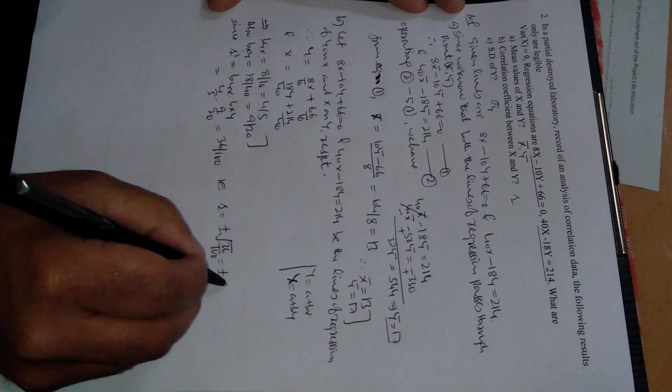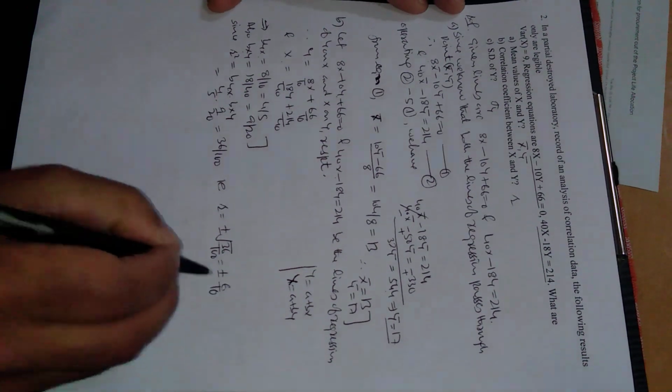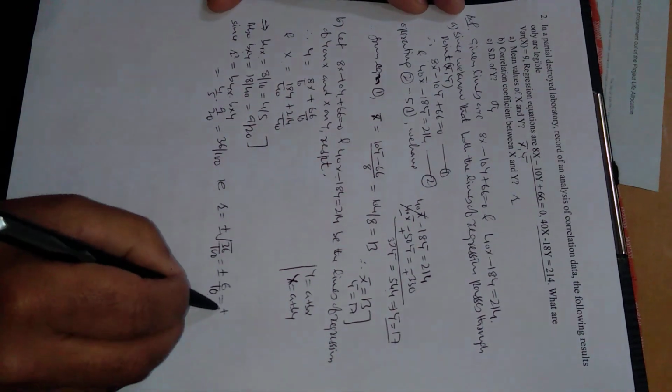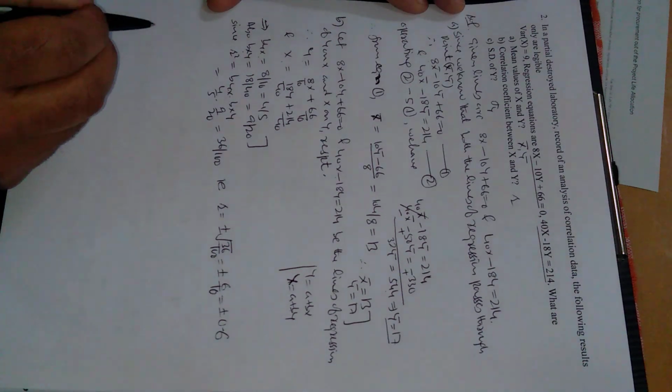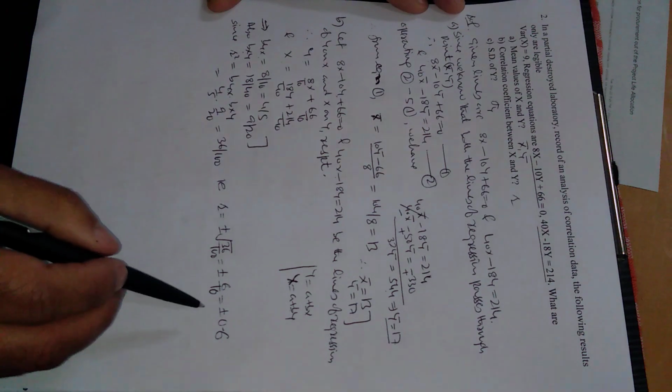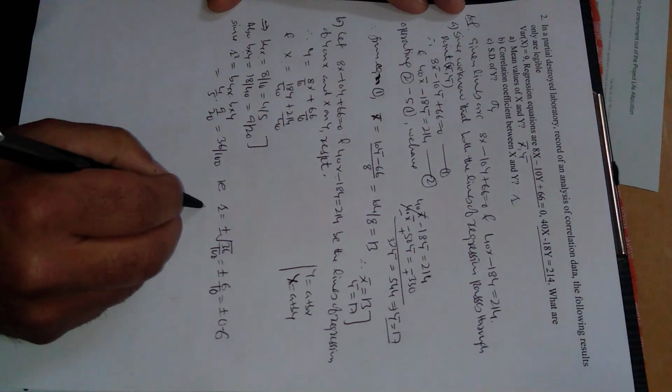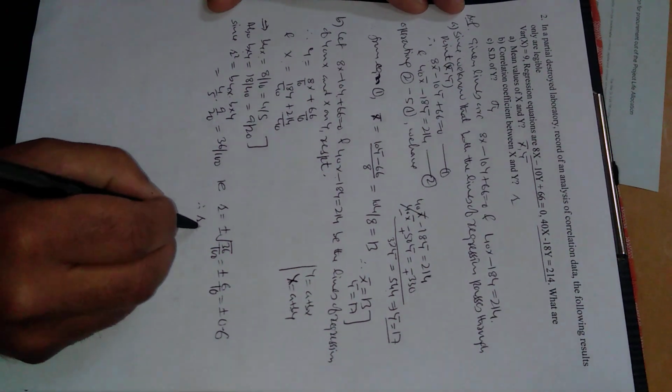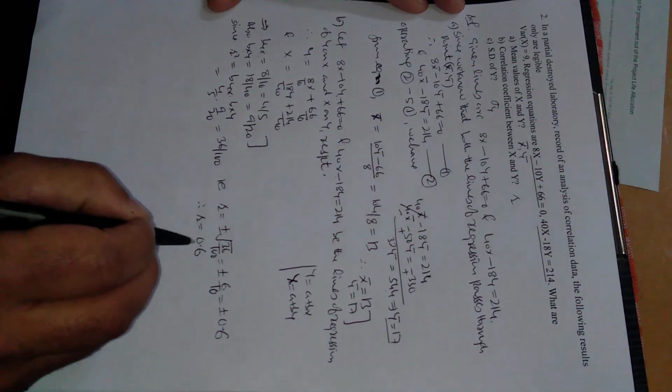So this is plus minus 6 by 10, means plus minus 0.6. Since both the regression coefficients are positive, r will be positive. Therefore r is 0.6.